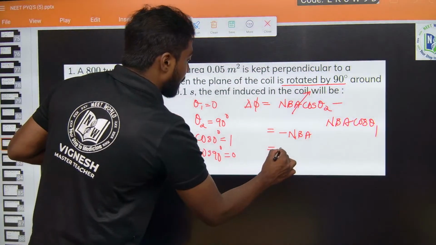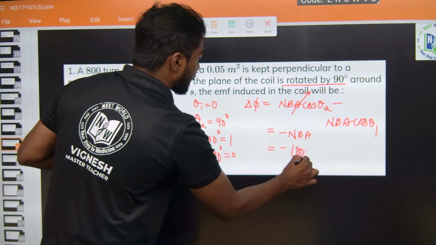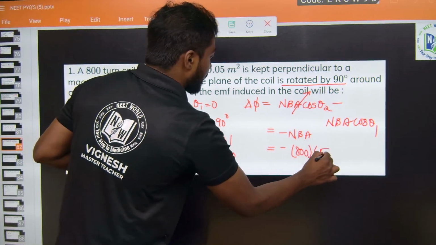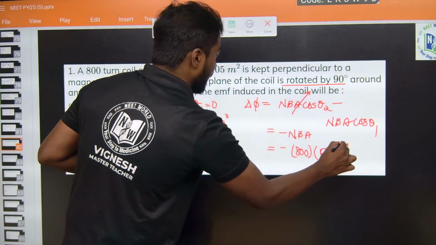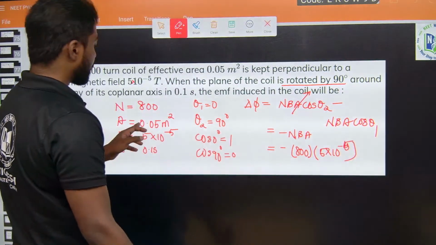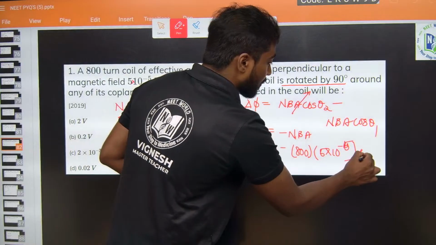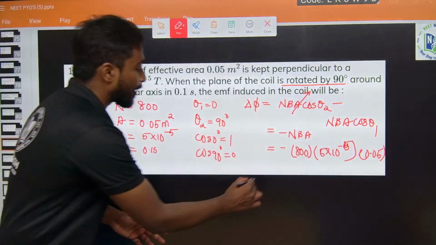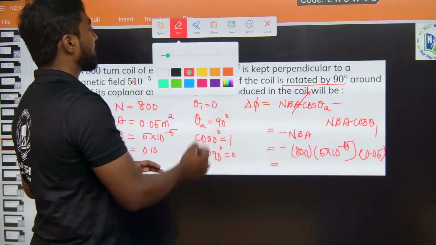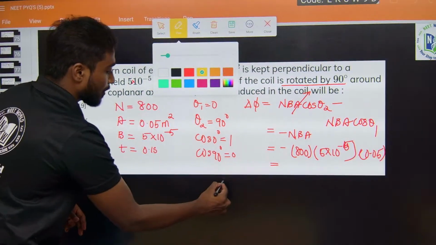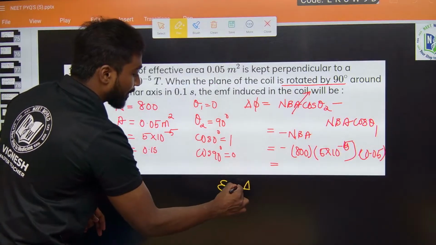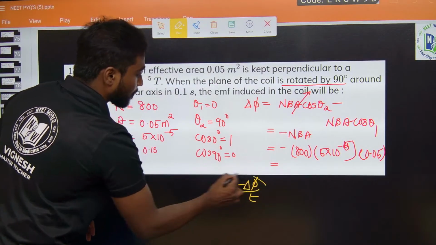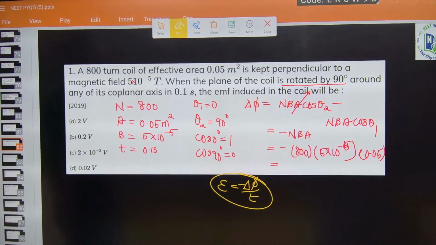It is minus of 800 into 5 into 10 power minus 5 into 0.05, right. So, if I calculate this value, I can use it in this formula, which is E is equals to minus delta phi by T, induced EMF they are asking.